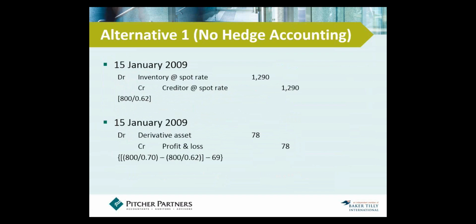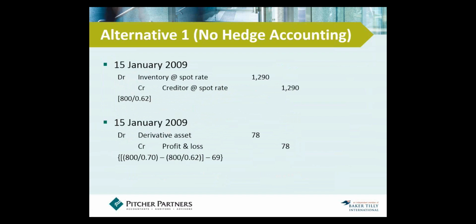If we go on to the 15th of January the next year, we receive the inventory, and AASB 121 or IAS 21 says you account for inventory at the spot rate. Therefore, you would say debit inventory at the spot rate of the 15th of January, which is 62 cents, and you credit the creditor at the spot rate of 62 cents, and that is the 1290.